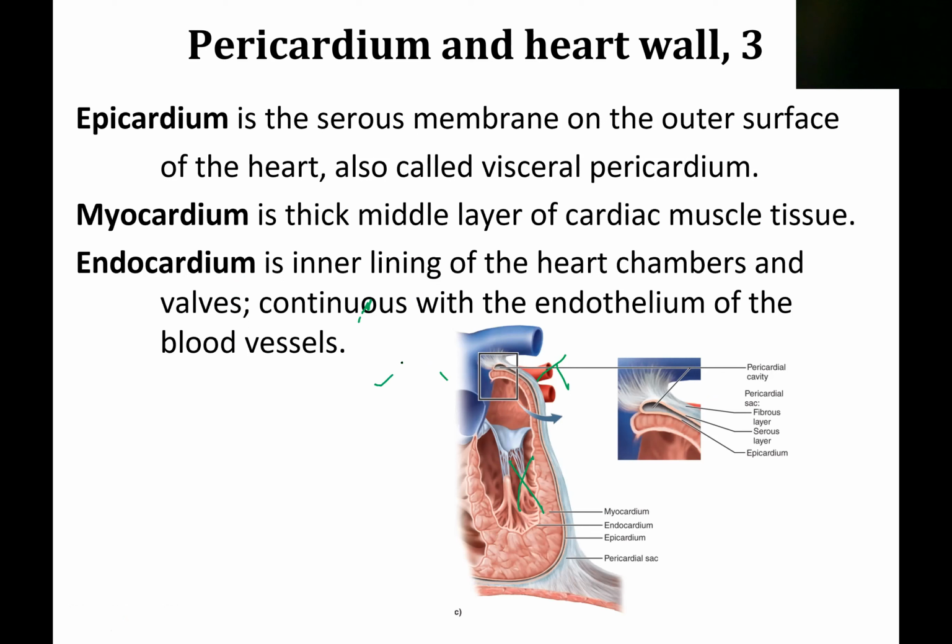So same kind of tissue, endothelium in the blood vessel, endocardium in the heart. So it's still simple squamous epithelium, but again, it covers all of the surfaces internally, and you can kind of see it in this little light colored layer here. So 3 layers of tissue make up the heart wall.